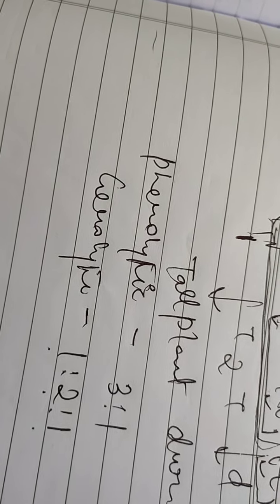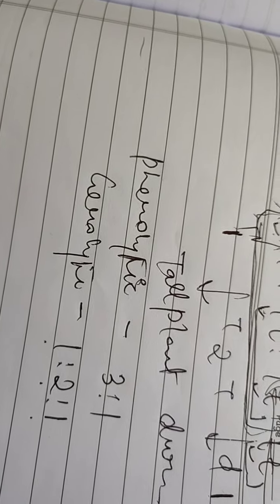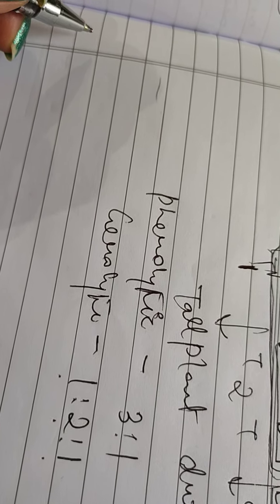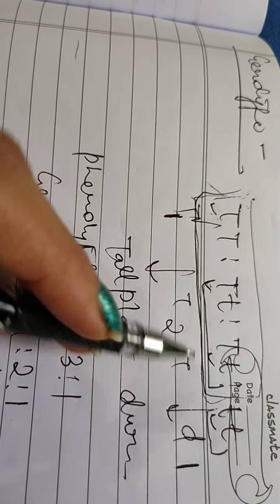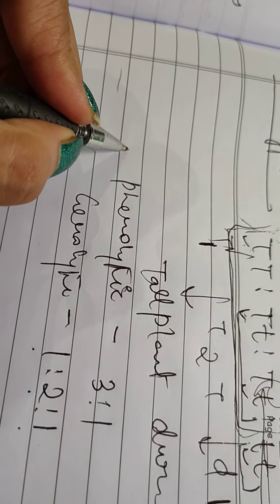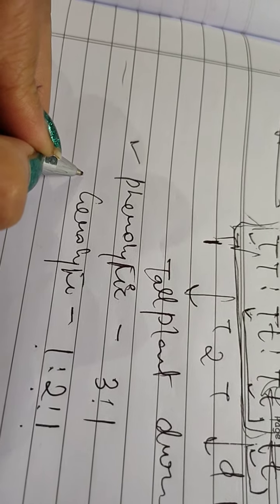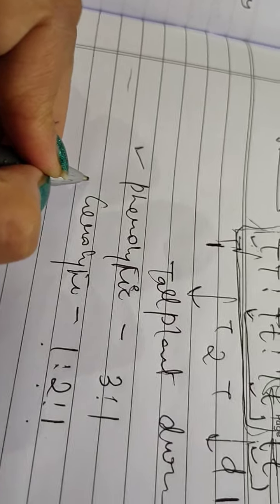Phenotype is the outward observation or outward features or outward expression or behavior of an organism, which is based on the coding of the genotype, as I showed you here. Phenotype can be observed by direct observation, whereas genotype is ascertained from ancestry or progeny. That's the main difference between phenotype and genotype.